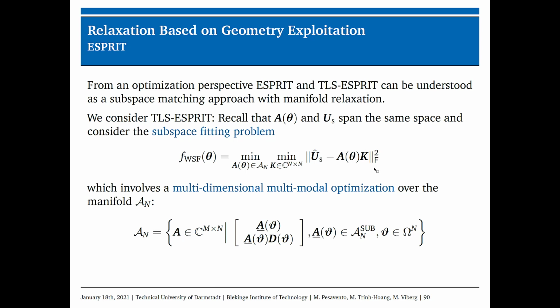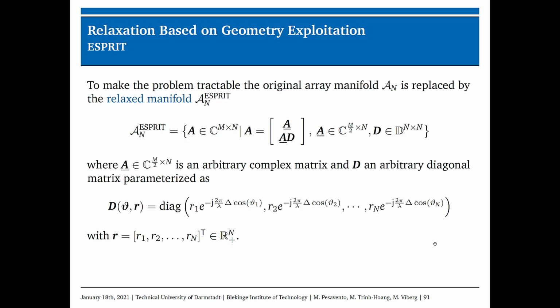To reduce the computational complexity, the idea of the totally square ESPRIT algorithm is to partially relax the manifold structure. Towards this end, we relax the original array manifold structure in the optimization and introduce a relaxed manifold structure denoted by calligraphic A sub n ESPRIT.